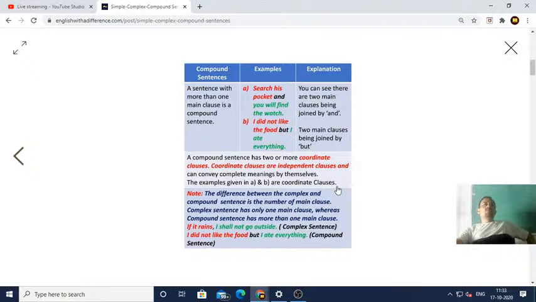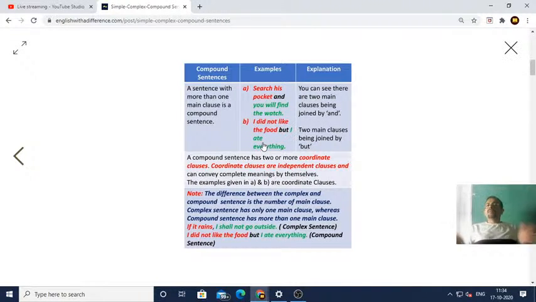Okay, so now the question is, what is a coordinate clause? Coordinate clauses are independent clauses and can convey complete meanings by themselves. Therefore, dear students, listen, "Search his pocket" in this sentence, "I did not like the food," and "I ate everything" are also called coordinate clauses because they are main clauses. So main independent clauses are also called coordinate clauses. It's very simple.